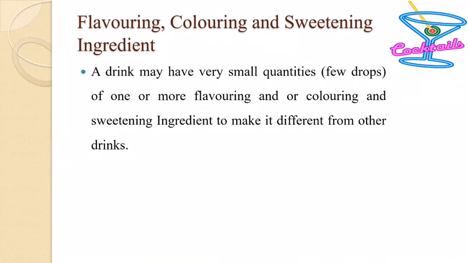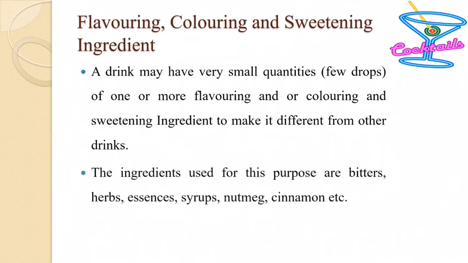A component that provides flavor to a particular cocktail, a component that provides color to a cocktail, a component that has sweetness in it, hence sweetening the particular cocktail, are considered as one of the components. These components can be in the form of bitters, herbs, syrups or essence. These components will be used in a very small quantity like a drop or a dash.